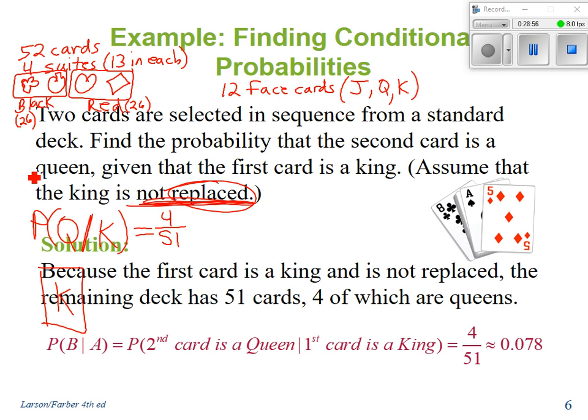Unusual is if it's below 0.05. That would be unlikely, right? But just make sure, it's easy to get confused: instead of 0.50, it's 0.05.